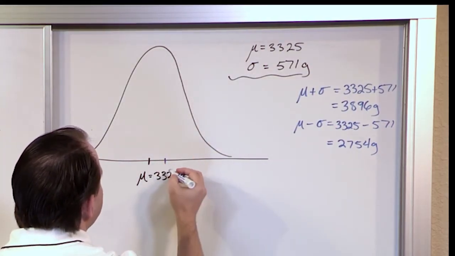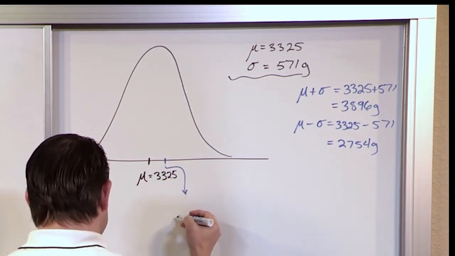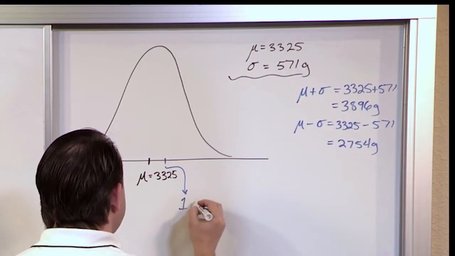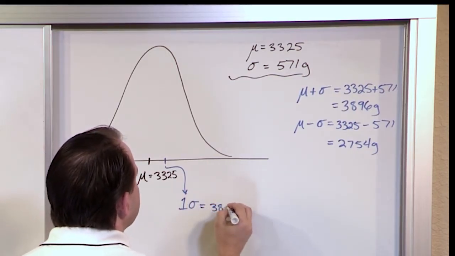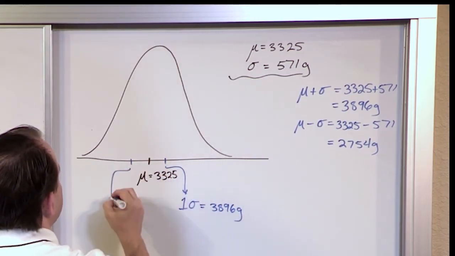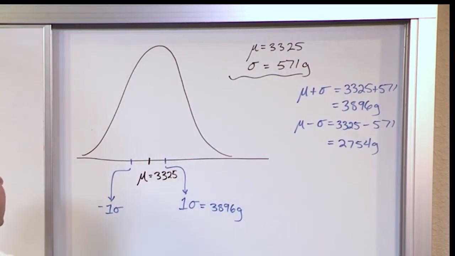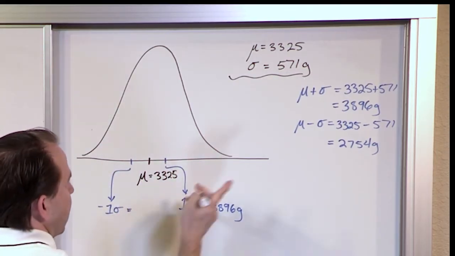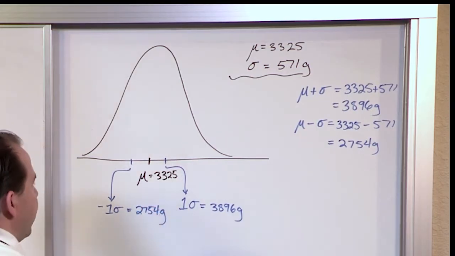So what this is telling us, if I were to represent this on the chart, is that 1 sigma on the plus side, I don't have enough room to write it, so I'm going to do it down here, is 3896 grams. And minus 1 sigma, so 1 sigma on the other side of the mean, I just calculated, is 2754 grams.